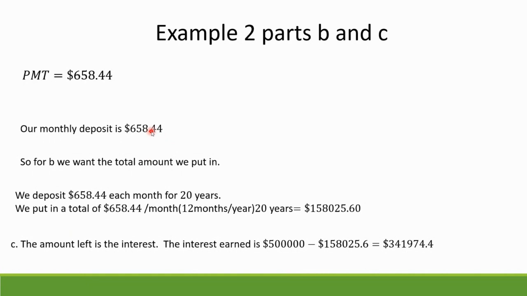Well, over the course of 20 years, how much are we going to end up depositing? We just multiply. So we have this times 12, because this is per month. In a year we have 12 months, and this is going on for 20 years. And you end up getting this amount, which is $158,025.60.